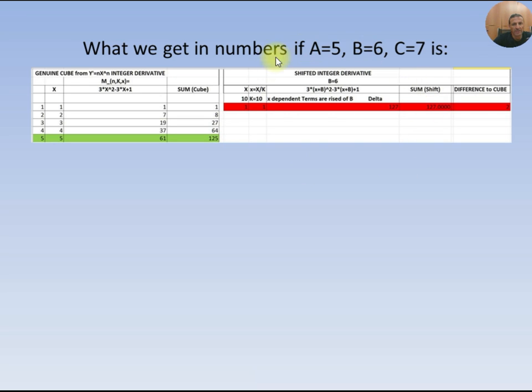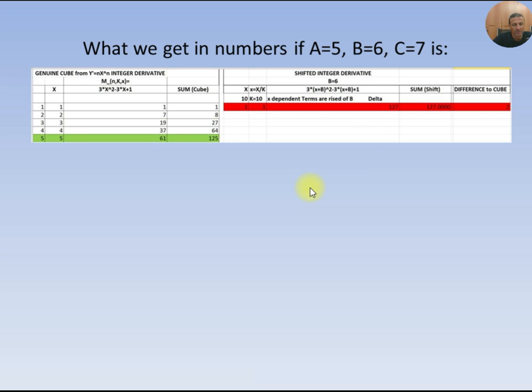And in the right hand we have the sum of 3(x plus b) squared minus 3(x plus b) plus 1, that has only one term with the value of 127.